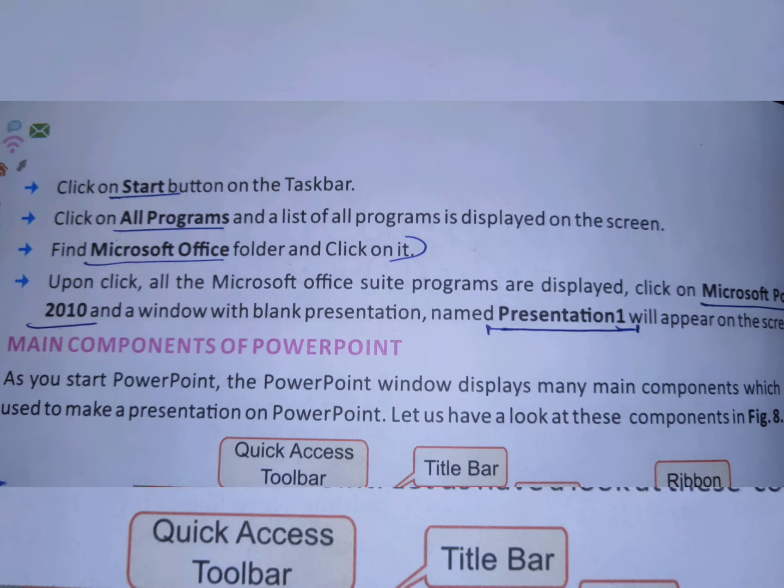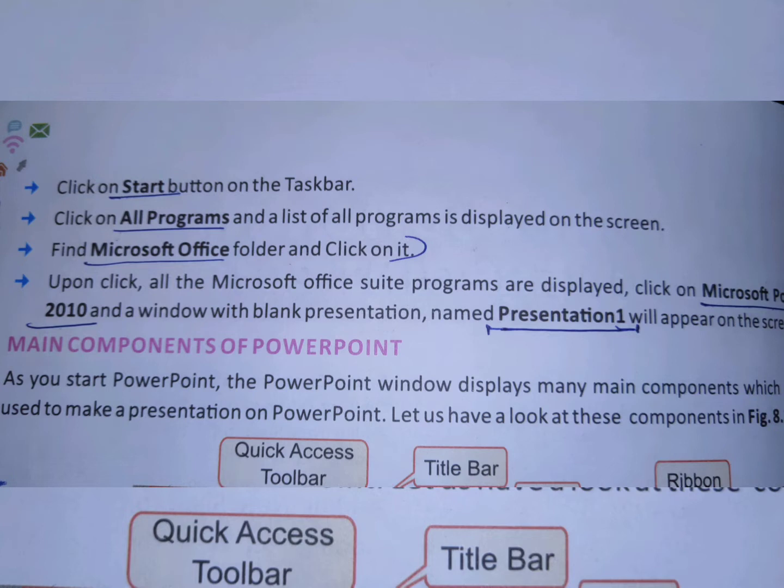How to open PowerPoint in a computer? As we know, PowerPoint is a part of Microsoft Office. In the earlier chapter we already studied Microsoft Word. Just like Microsoft Word, PowerPoint is found under the Microsoft Office folder.